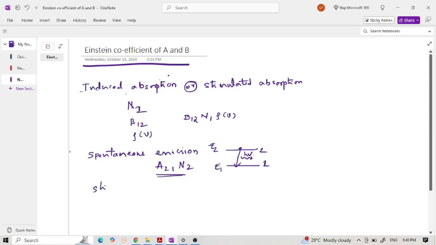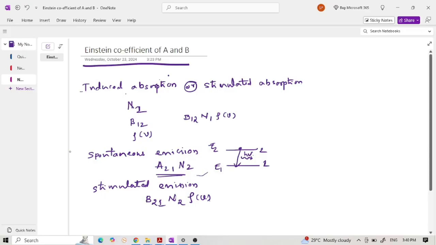And for stimulated emission, the dependent factors are the transition of electrons from excited state to the ground state, that is B21, the number of electrons present in the excited state, and the amount of energy required to emit more photons, that is rho nu.